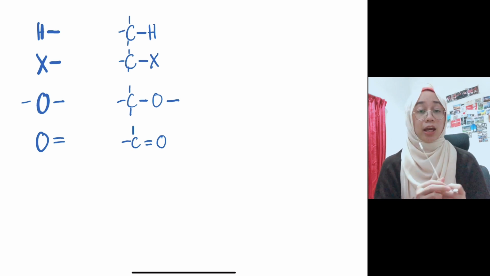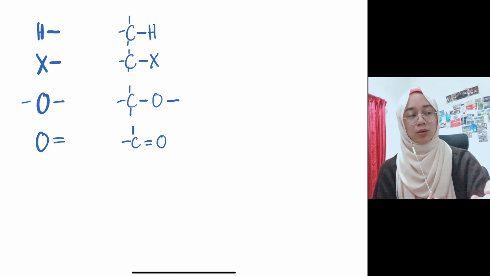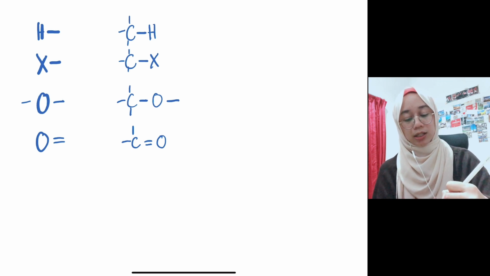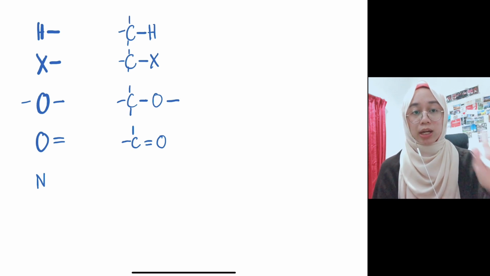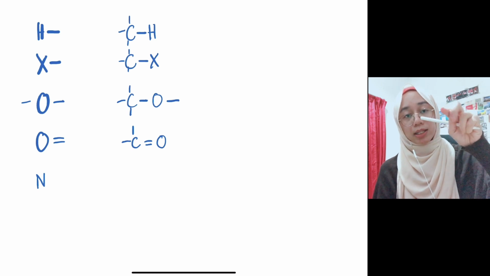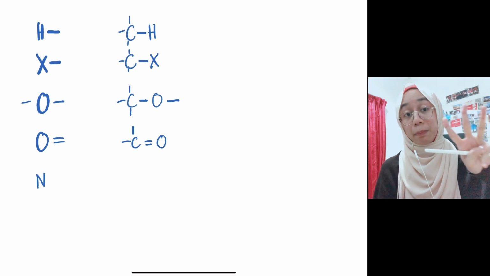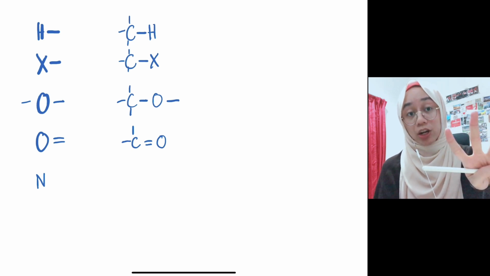Okay, so kita pergi pula kepada satu lagi yang triple bond lah. So triple bond satu lagi adalah nitrogen. Nitrogen ni dia dalam group 15. Group 15 bermaksud ada 5 valence elektron. So kalau kamu susun balik Lewis dot, you realize that there is 3 unpaired electron. 3 unpaired electron meaning how many covalent bond? 3 covalent bond.